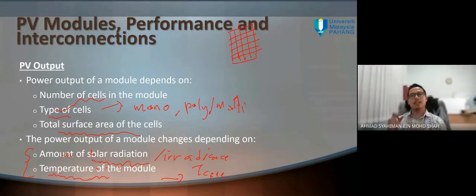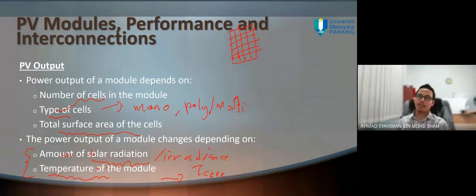Solar irradiance is the strength of the sunlight, macam kekuatan sun, the light intensity. Betapa terik dan panasnya matahari itu akan memberi efek to the output of the solar module.